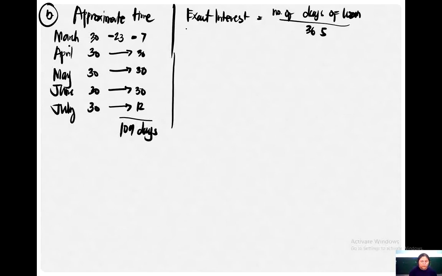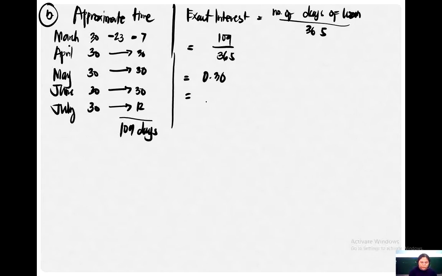Okay po. So if you're asked to get the exact interest using the approximate time, the number of days of the loan is 109 all over 365. So the answer is 0.30, rounded off into 2 decimal places.